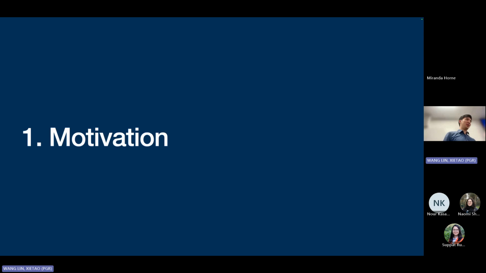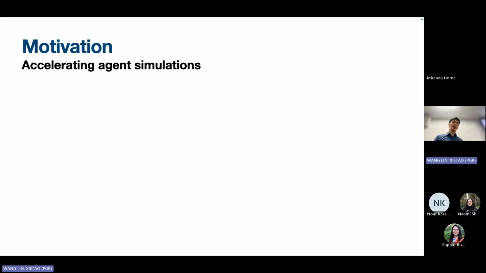The motivation was how can we accelerate agent-based simulations, and there are two bottlenecks for why agent-based simulations are slow. By agent-based simulation, I mean you consider each agent individually rather than the whole ensemble together. So there are two bottlenecks why this is slow.